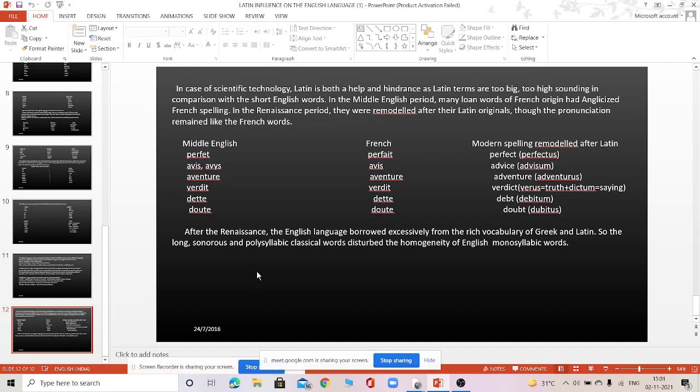এইভাবে আমরা দেখছি after the Renaissance the English language borrowed excessively from the rich vocabulary of Greek and Latin. So the long, sonorous, and polysyllabic classical words disturb the homogeneity of English monosyllabic words.